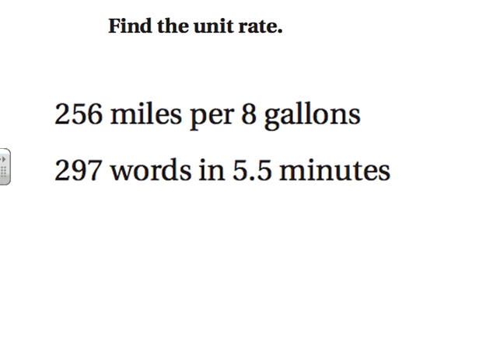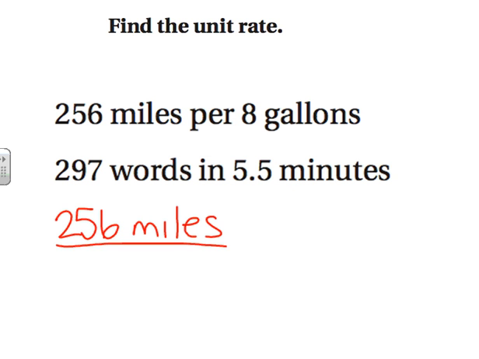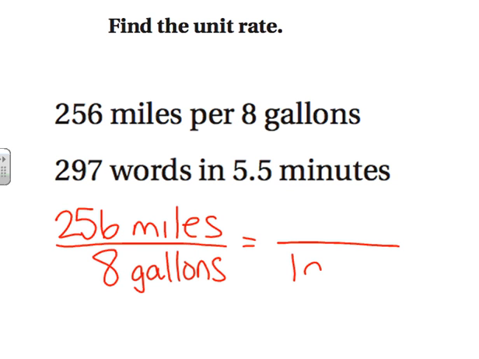So the first one, if you have a rate of 256 miles per 8 gallons, that is your rate. If I want to turn that into a unit rate, I'm going to figure out how many miles I can go for 1 gallon.